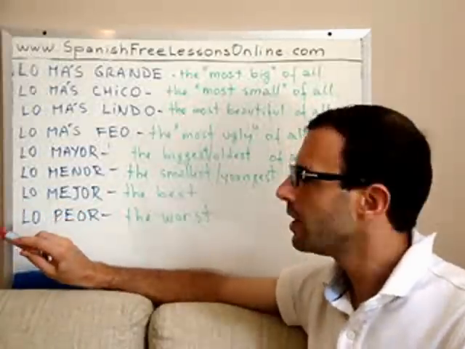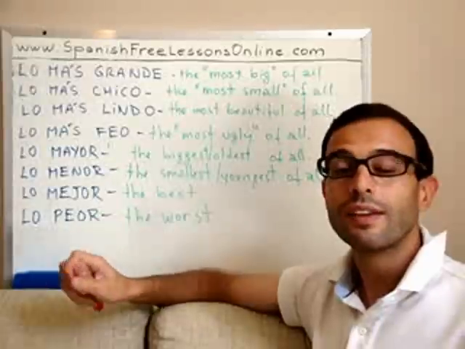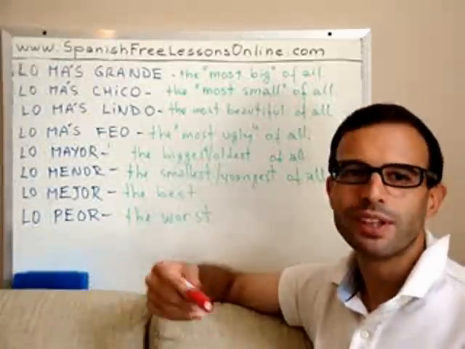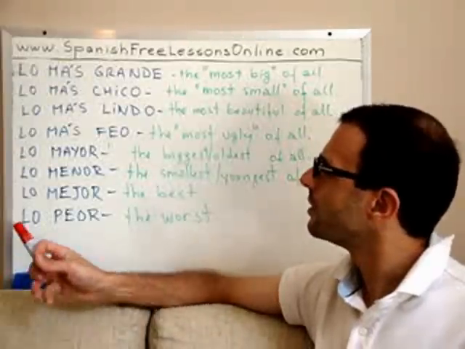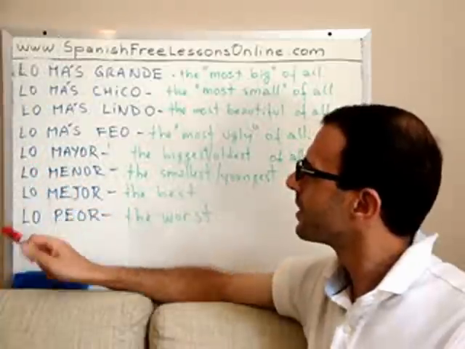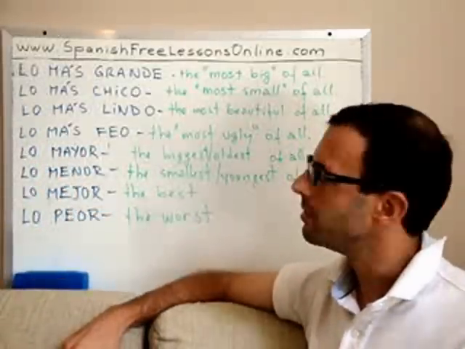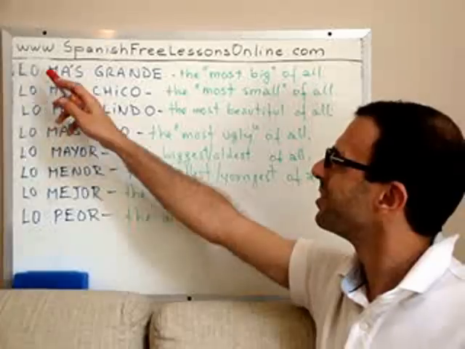If it's not referred to and it's something abstract, I'm repeating it because I want you to have this clear, then you use lo. Okay, I think I've repeated that pretty much, okay? So now let's start reading this.